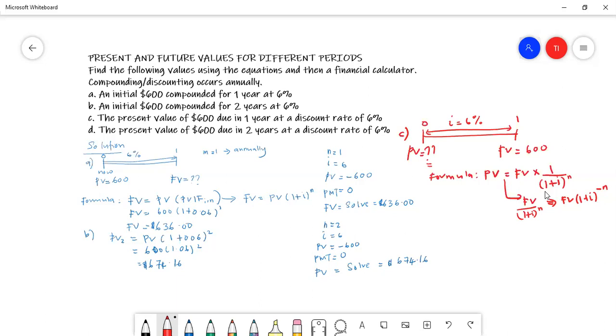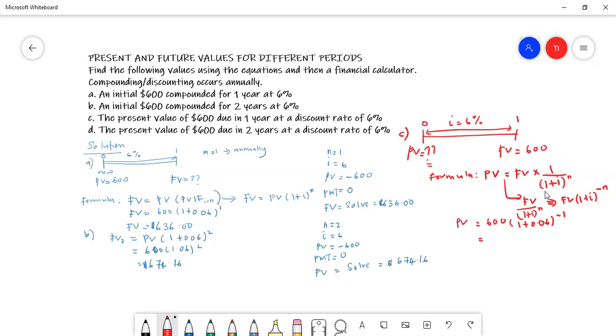So now we substitute the figures into the equation. The present value is 600 multiplied by (1 plus 0.06) to the power of negative 1. So now we can find the answer.